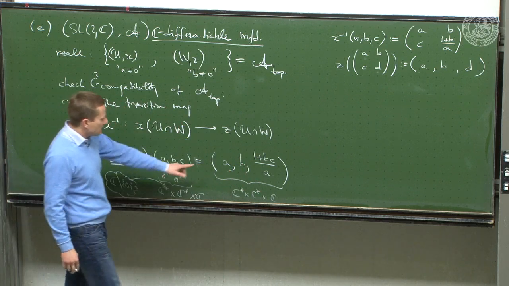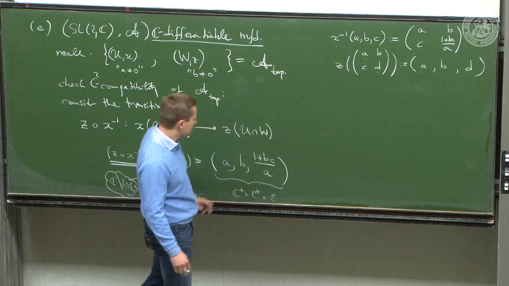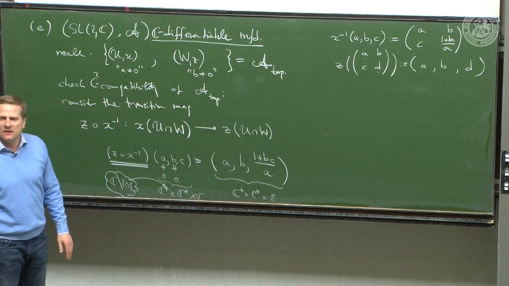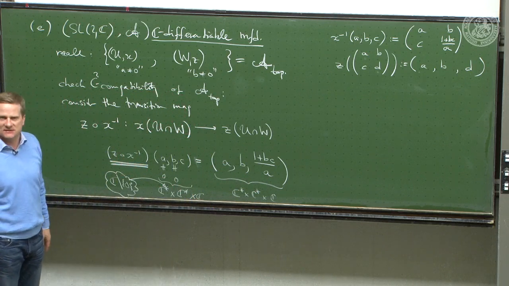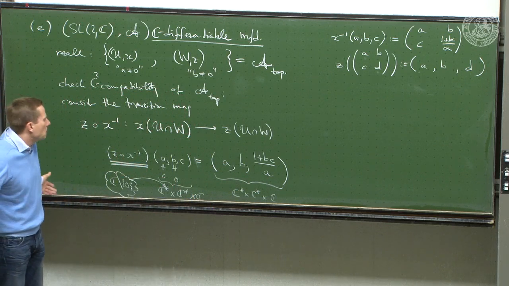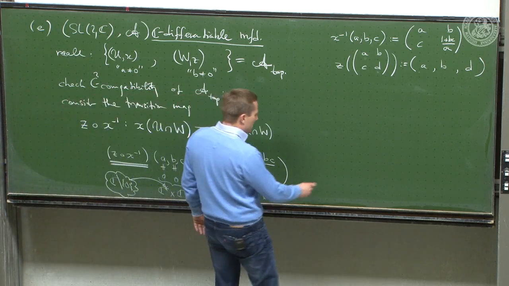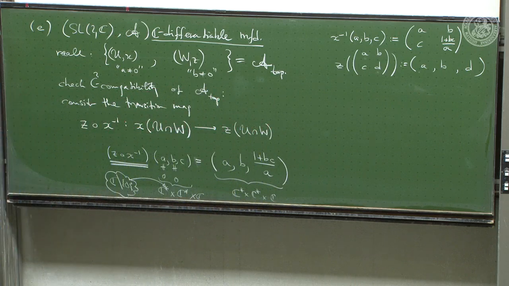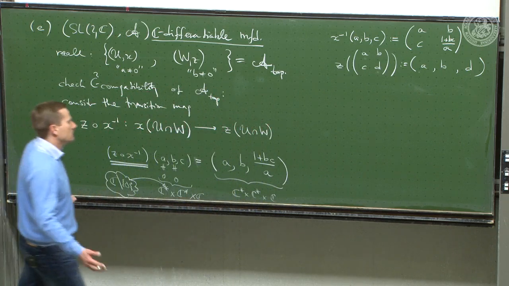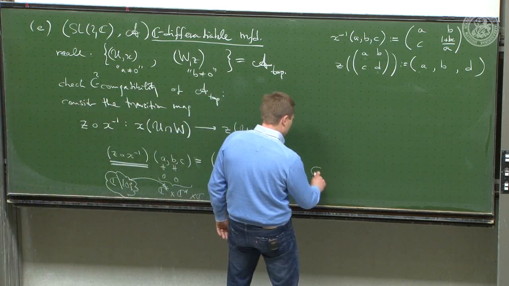And because the A here cannot be 0, this is certainly differentiable once, and you can check it's differentiable 2, 3, 4 times, and so on. So this actually is arbitrarily often complex differentiable, right? Well, we just call it C differentiable.